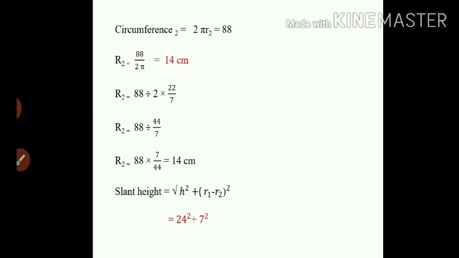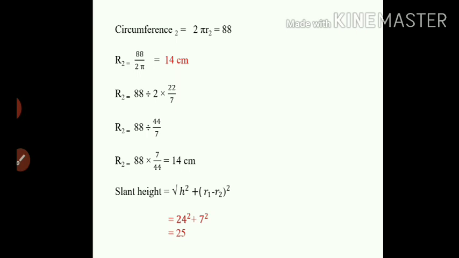R1 is 21 and R2 is 14. 21 minus 14 will be 7. So 7 square. 24 square will be 576 plus 7 square will be 49. 576 plus 49 will be 625. And finally you get answer by taking square root as 25.